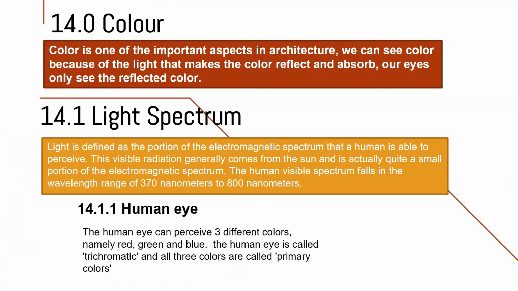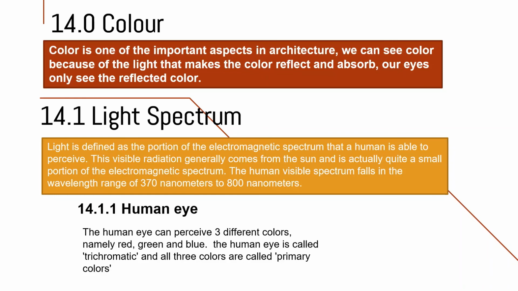Light spectrum. Light is defined as the portion of the electromagnetic spectrum that a human is able to perceive. This visible radiation generally comes from the sun, and is actually a small portion of the electromagnetic spectrum.